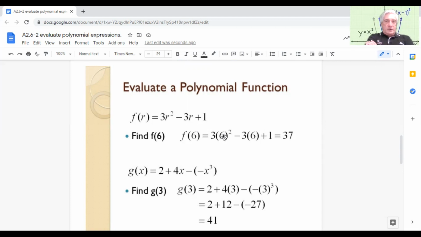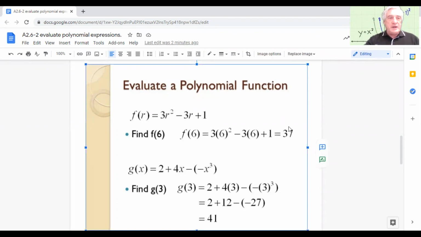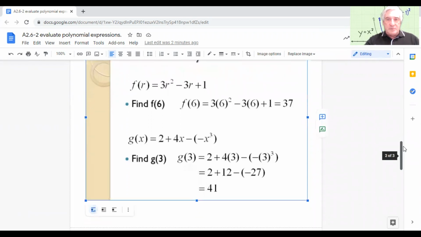You don't think it's 37? What do you think it is? All right, Rufus, give it to me again. 6 times 6 is 36 times 3. He says that's 108. Get your calculators out. Let's check his work. 108 minus 18 comes out 90. Plus 1, yeah, they said it was 37. I have no idea. This is an example out of your book. I have no idea what they did, but it's not 37.